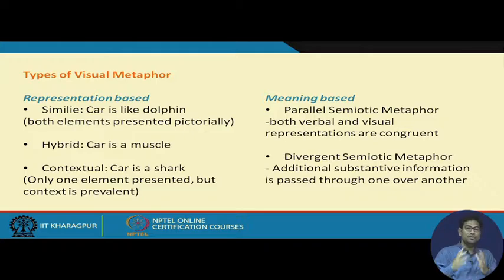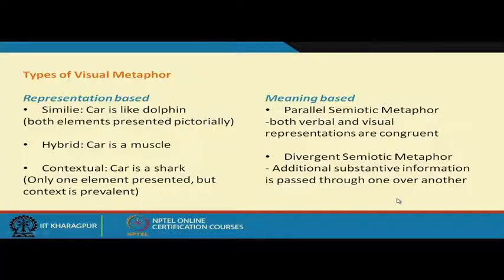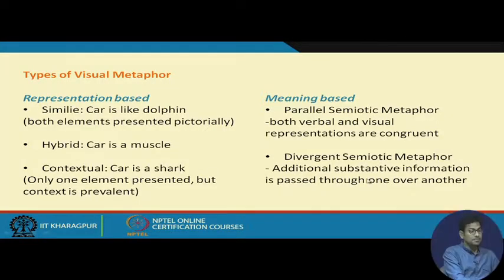And then you have divergent semiotic metaphor, where one substantiates another, where the verbal substantiates the image, or the image substantiates the verbal part. So, substantive information is passed one over another. There is a building up of information which takes place, and that divides the two metaphorical concepts.